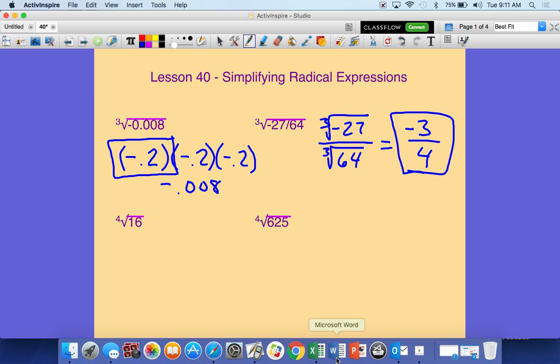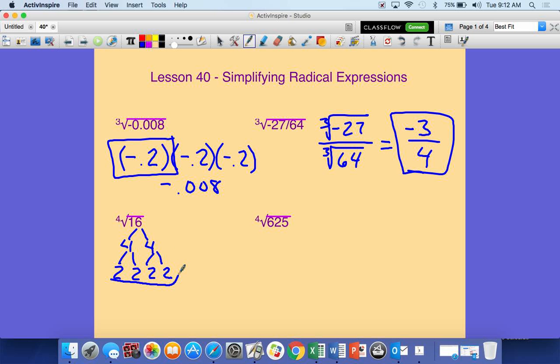You can do a factor tree here. What gives us 16? Well, 4 and 4. What gives us 4? 2 and 2, and this 4 is 2 and 2. Now, you want to break down these factor trees until you get all the way down to all prime numbers. Then, since we're looking for the fourth root, we're looking for four numbers that are exactly the same.